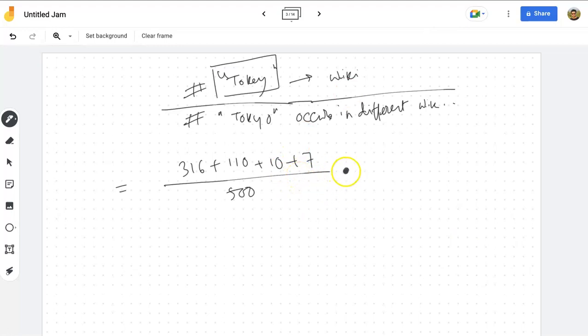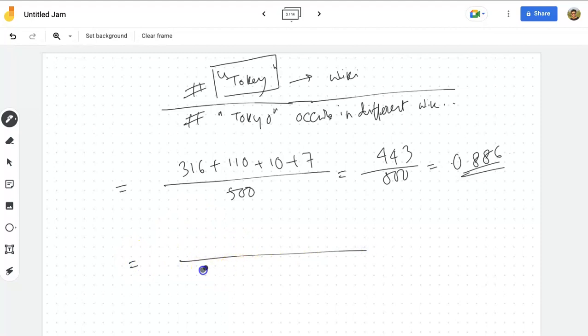So if you do the math, it will give you the total values 360 plus 110 plus 10 plus 7, so 443 by 500, which is 0.886. So what is all this?